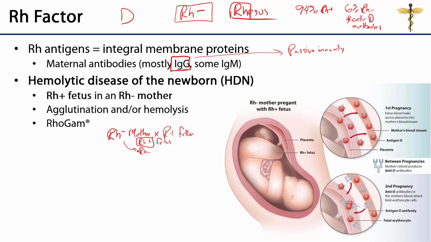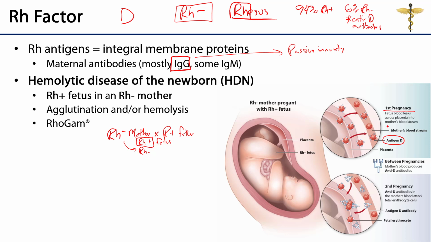What generally happens is, over the course of a pregnancy, some of that fetal blood leaks back across the placenta and can generate those anti-D antibodies.